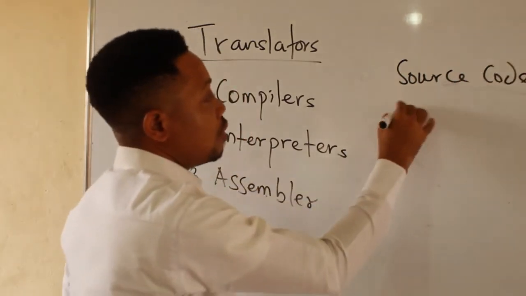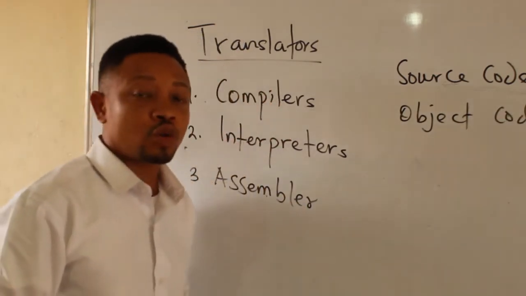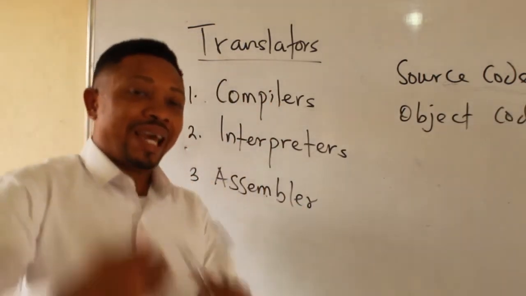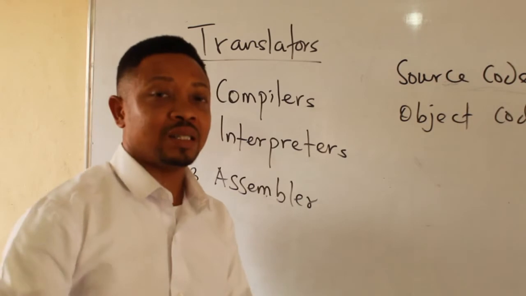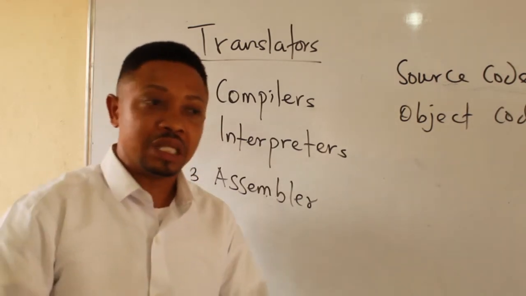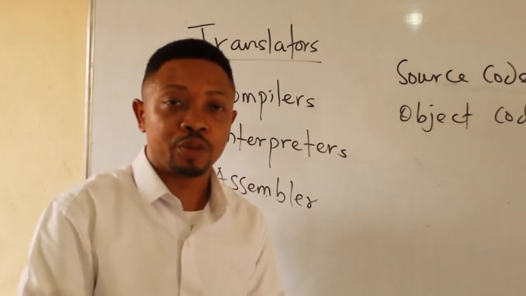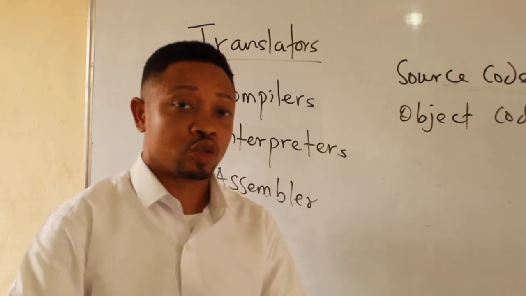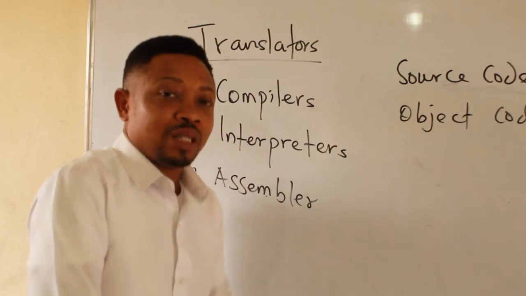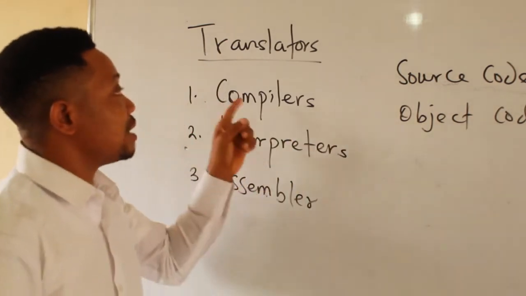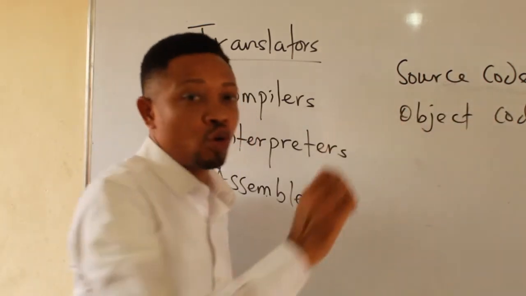A source code is simply what a programmer is writing or what a programmer has written down, either using his notebook or using a notepad in the computer system. It is called a source code. An object code is the code that the machine understands. So the translator or the compiler rather converts source codes to object codes at once.